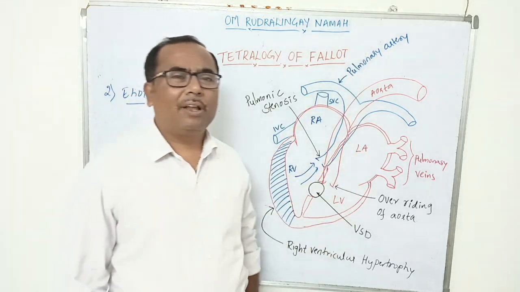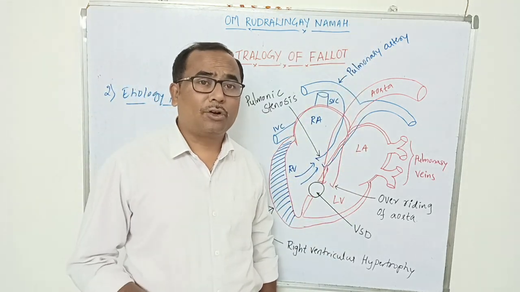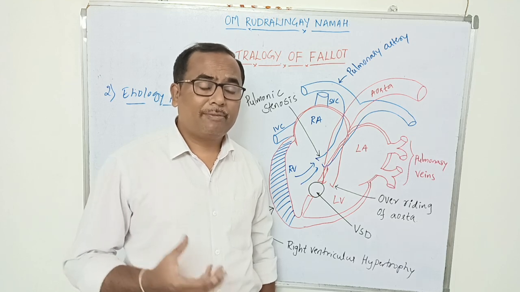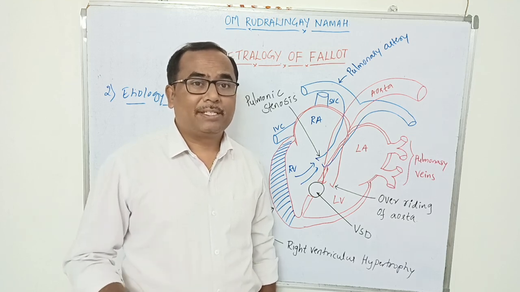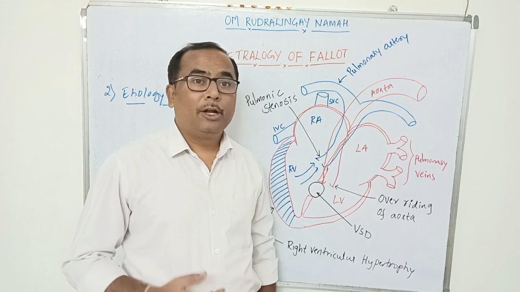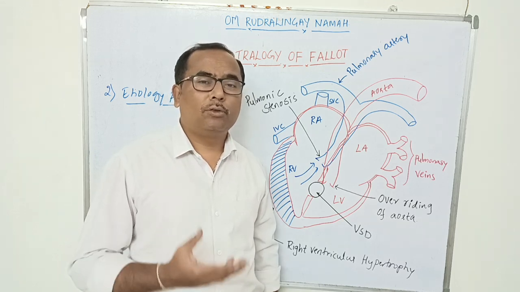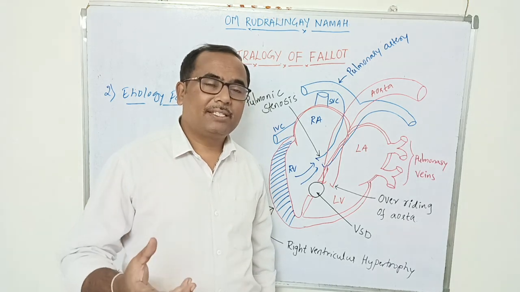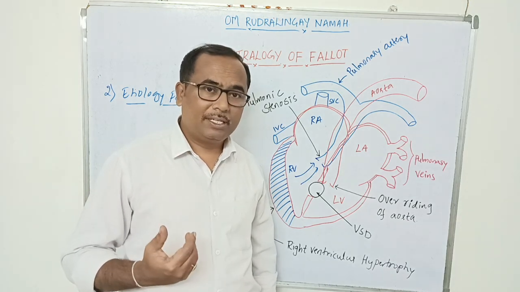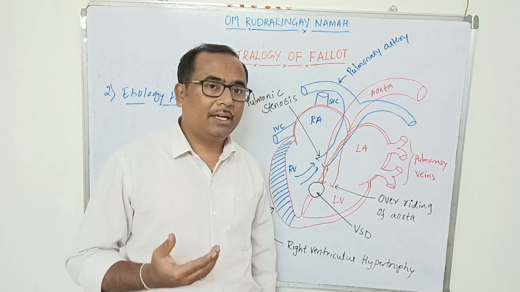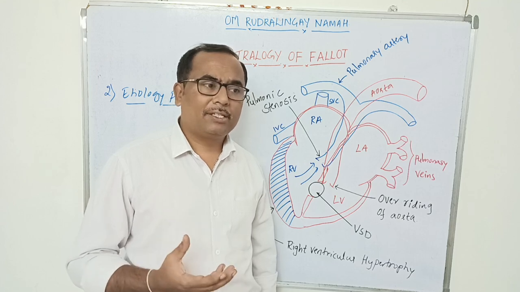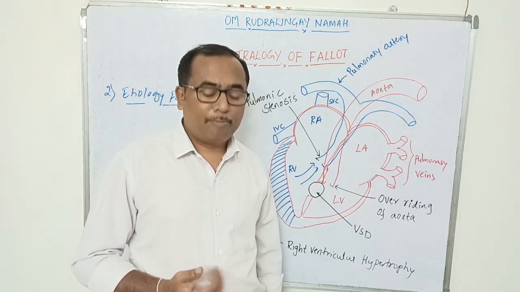Or if there is any fetal hypoxia, decreased oxygen supply to the fetus during pregnancy, or birth asphyxia, when the newborn is unable to establish breathing after birth. So all those etiological factors I discussed in the last few cyanotic congenital heart diseases will continue for tetralogy of Fallot also.